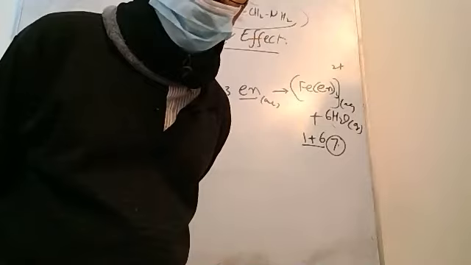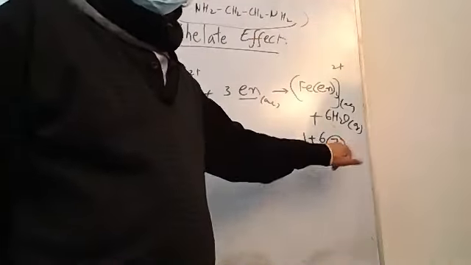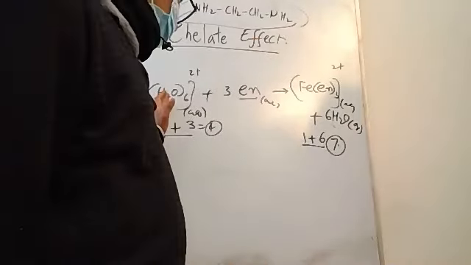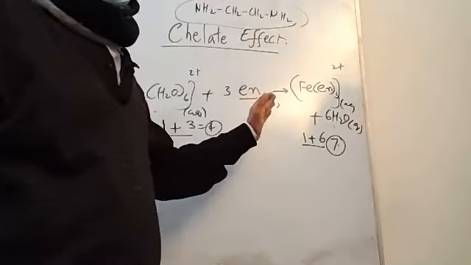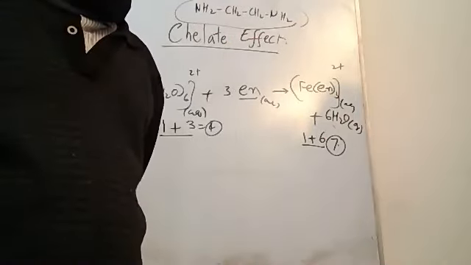So the driving force for the formation of multidentate complexes is an increase in the entropy. Every time you replace a monodentate ligand with a polydentate ligand, you have a complex that is very stable. Am I making sense?